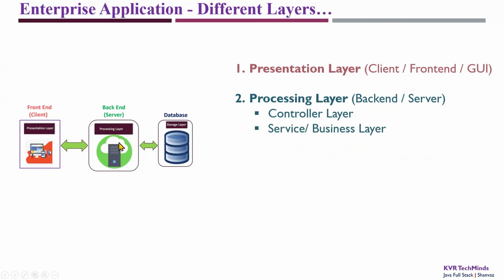In the processing layer, you have another layer called the service layer or business layer. What will be present here? The business logic. If you take the previous example, you need to validate the user ID and password sent by the client, so you have to write some kind of business logic, correct? That business logic should be kept in the service layer or business layer.